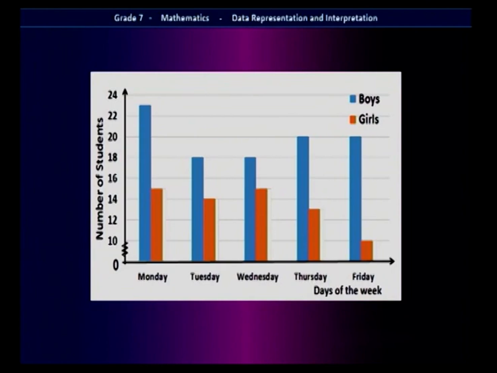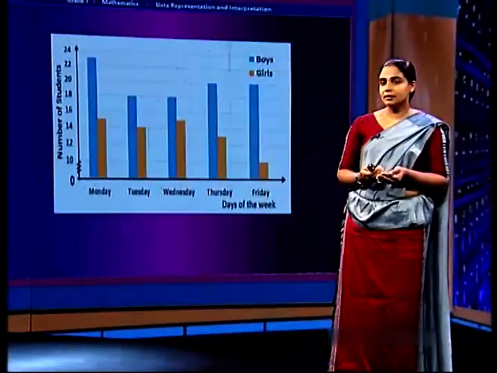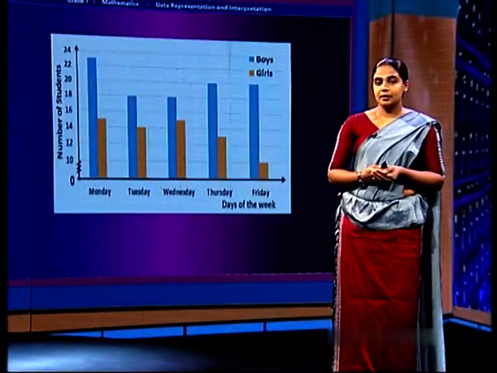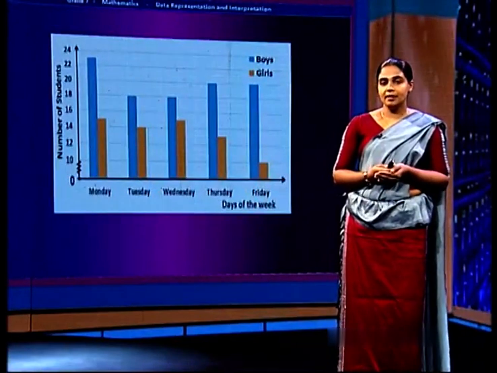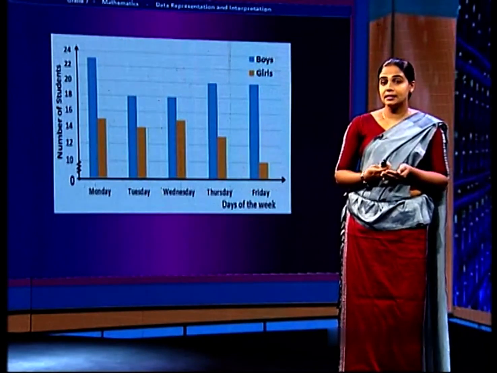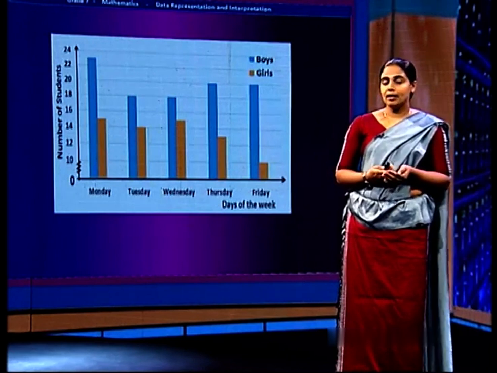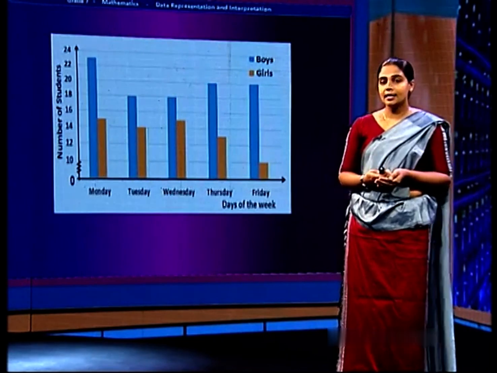Then on Monday, you can read the graph now. The number of boys is 23, the number of girls is 15. Now, I showed the graph with the information of both girls and boys in the same bar graph. Now, let's identify how we can draw them.